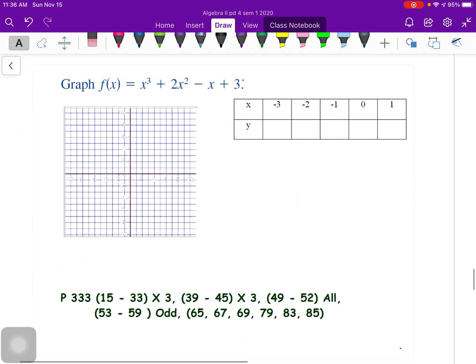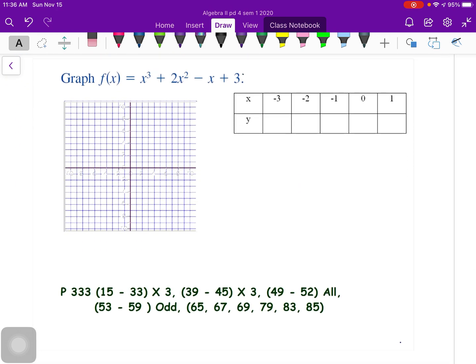So let's take a look at the one we have. We have an odd degree and a positive a. So that means my graph, as I go negative, my y's should go negative. So I have to be in this quadrant to start.